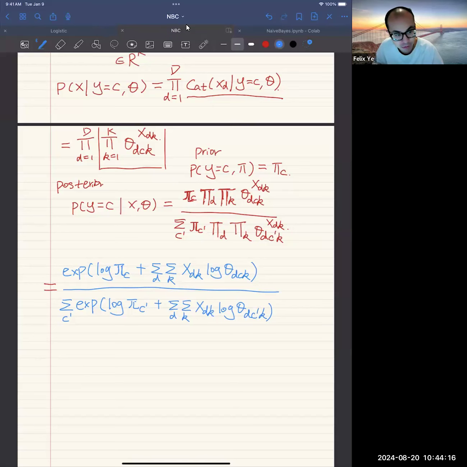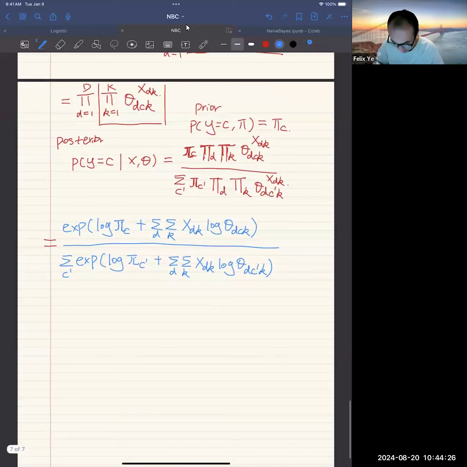I'm going to rewrite things a little more and vectorize it. It becomes the exponential of gamma_c plus beta_c transpose x.